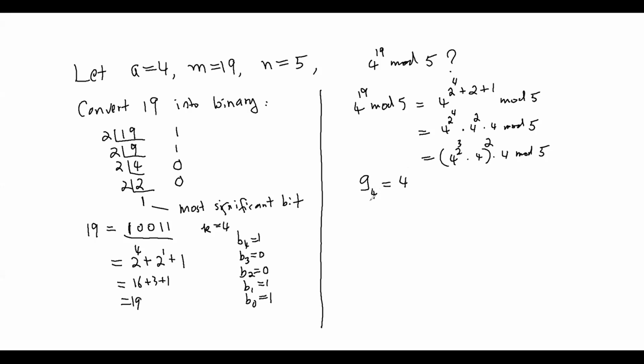And then G3 will be 4 squared mod 5. So that is 1, right? 4 times 4 is 16, and 16 divided by 5 has a remainder of 1.